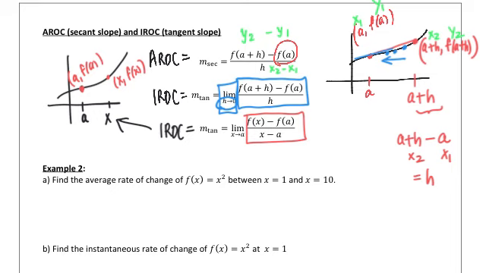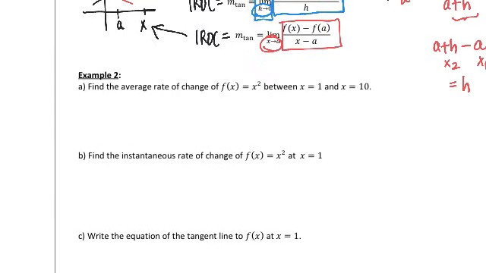And if you bring the second point closer and closer to the first point, then that's like bringing x closer and closer to a. x is the second point, a is the first point. So these are equations that you want to understand what they mean, and you want to memorize them, but memorize with understanding.